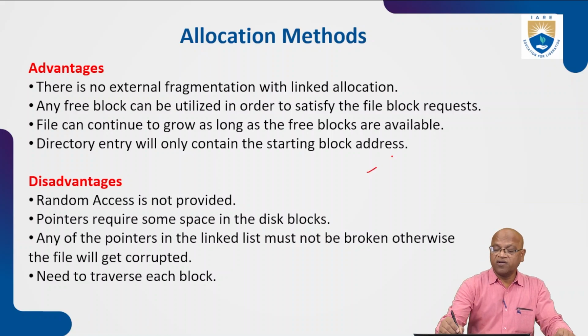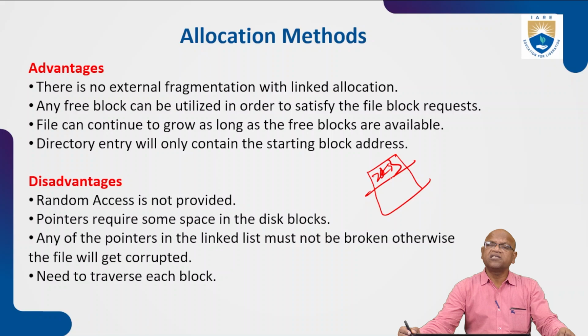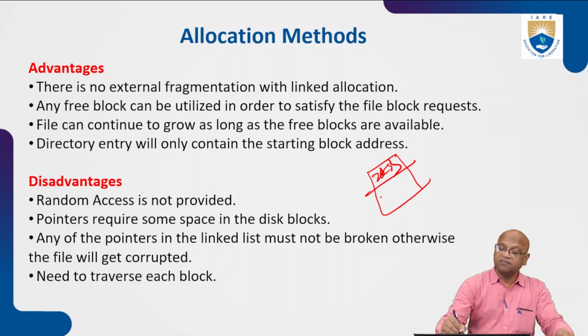Suppose you saved one file of size 20 KB. It may be saved in two blocks. Further, we made some modifications and added something else to this file, so now the size is increased to 30 KB.